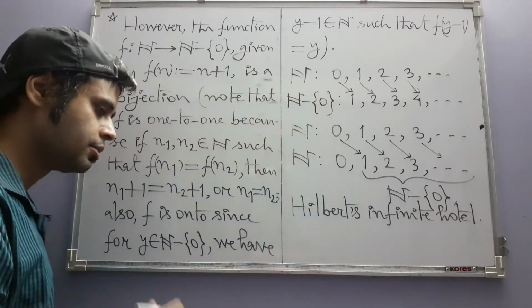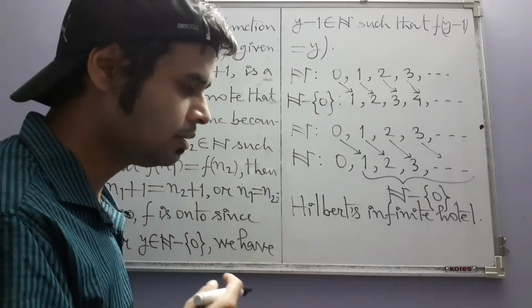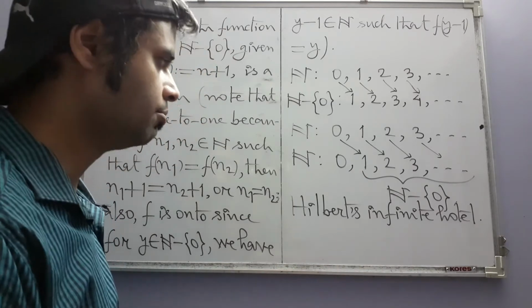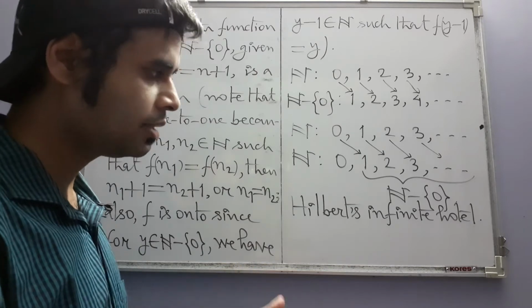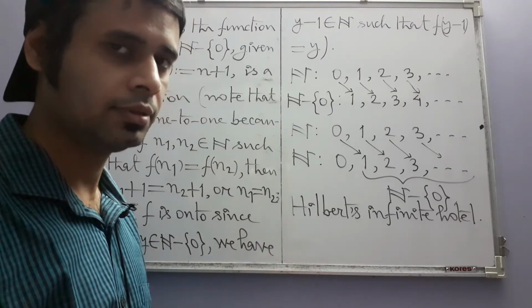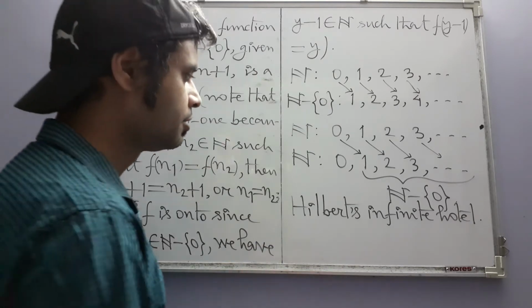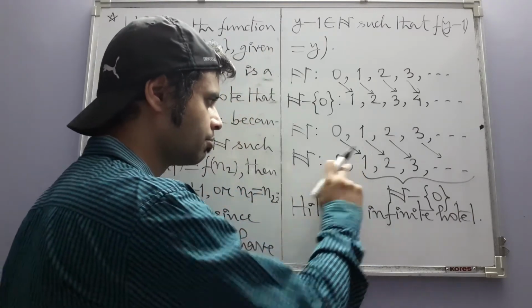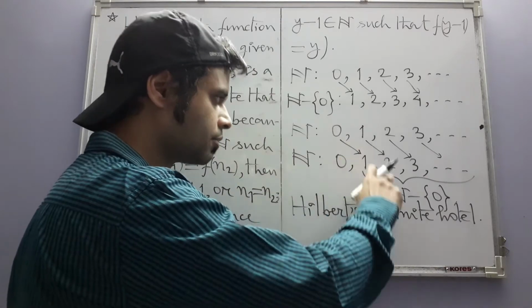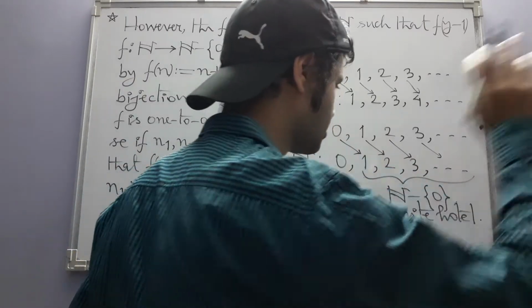It's like you have a hotel in which you have infinitely many rooms. What type of infinitely many rooms? As many rooms as you have natural numbers, say. So that means there is a room labeled 0, then there is a room labeled 1, number 2, number 3, and so on. It just goes like that.